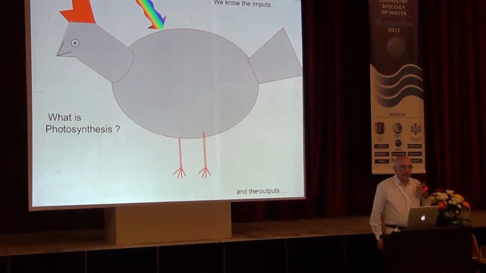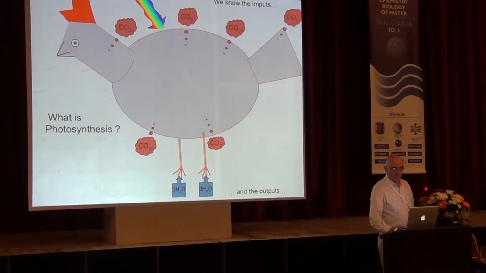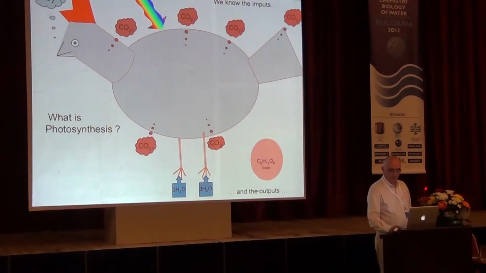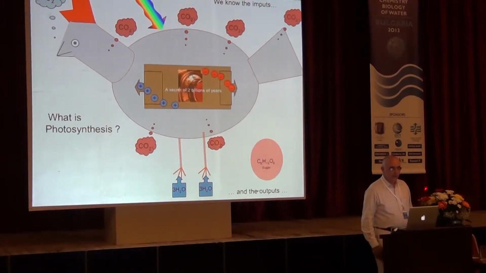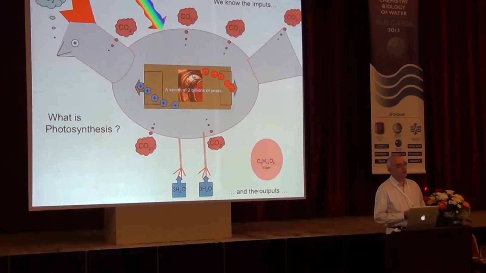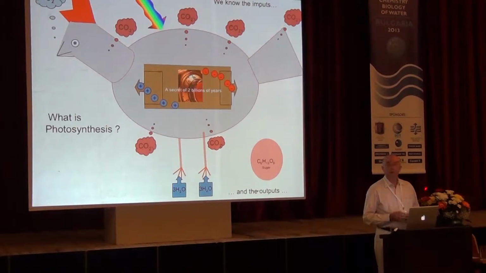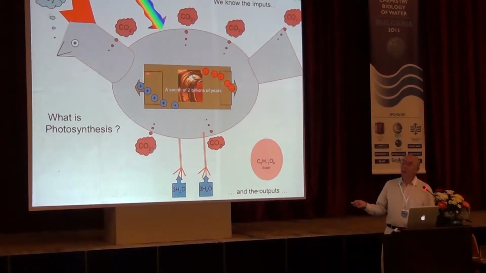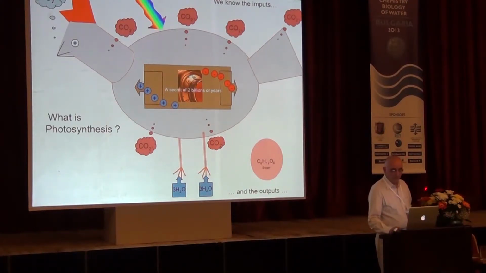Photosynthesis is a beast that we think we know because we know the input and we know the output, but there is a 2 billion year old secret process that we don't know, how to get negative charge separated from positive charge.